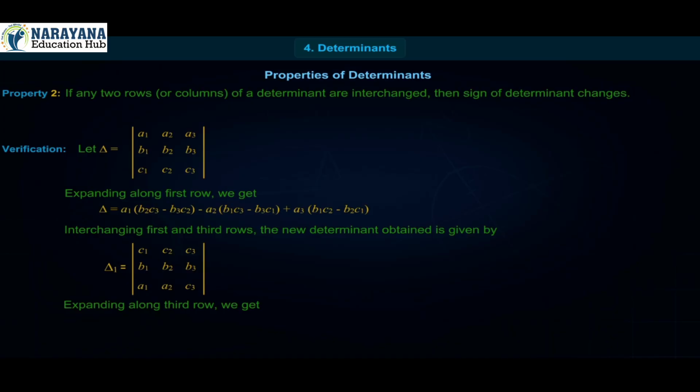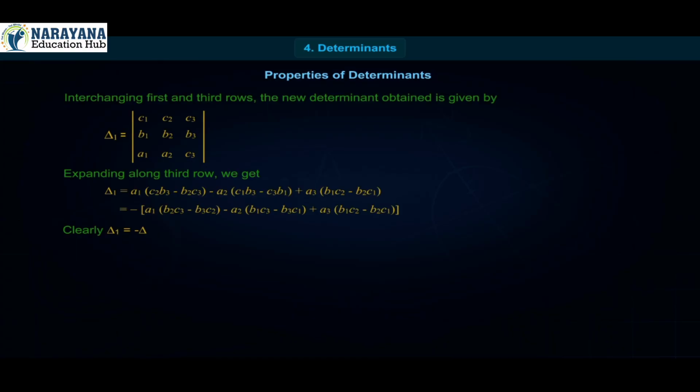Expanding along the third row, we get delta 1 is equal to A1 into (C2 B3 minus B2 C3) minus A2 into (C1 B3 minus C3 B1) plus A3 into (B1 C2 minus B2 C1), which is equal to minus [A1 into (B2 C3 minus B3 C2) minus A2 into (B1 C3 minus B3 C1) plus A3 into (B1 C2 minus B2 C1)]. Clearly, delta 1 is equal to minus delta.